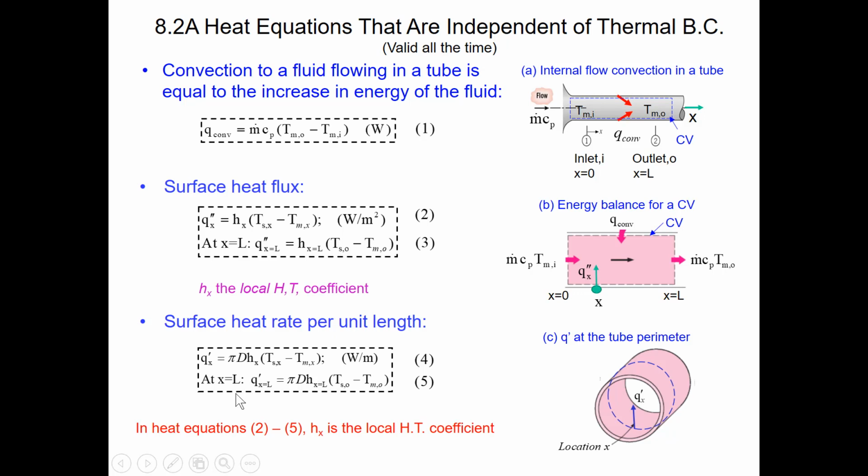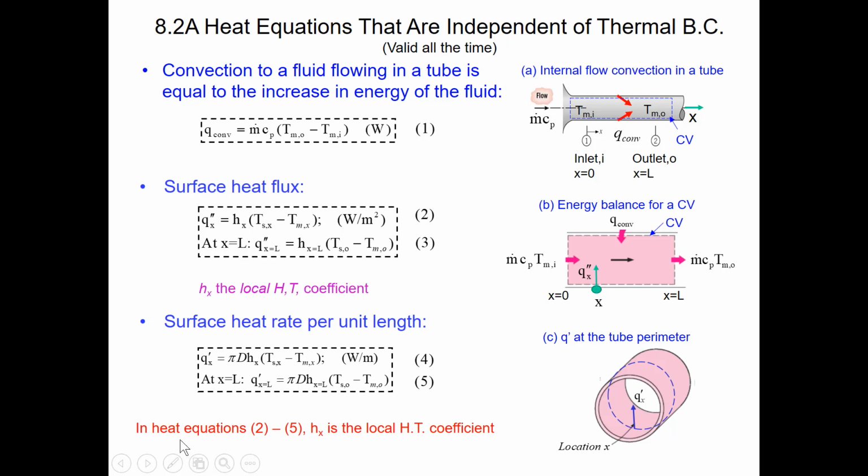For example, at the outlet of the tube, x equals L, the surface heat rate per unit length at the outlet is defined by the perimeter, heat transfer coefficient and temperature difference, all the parameters at the outlet.